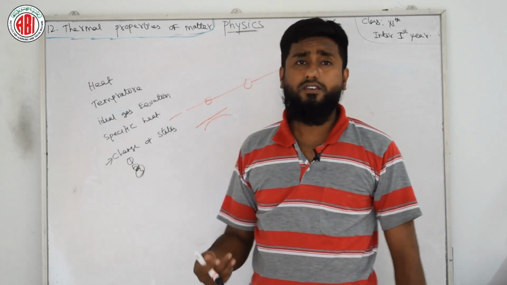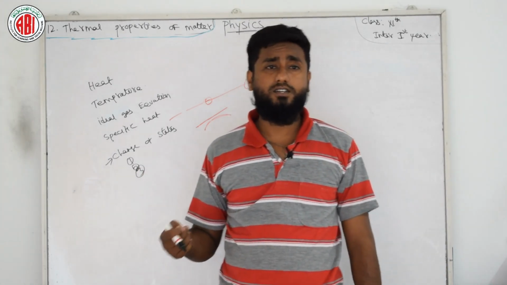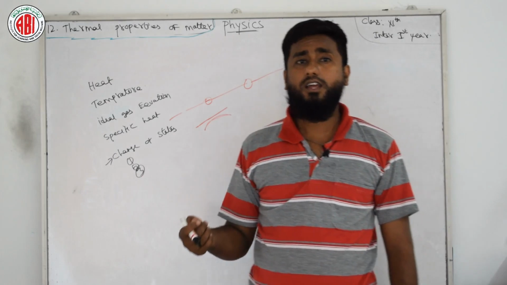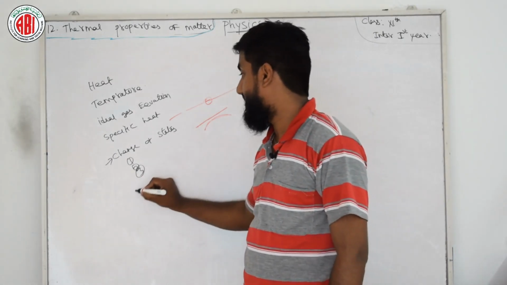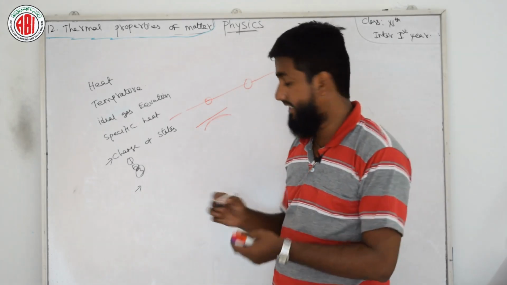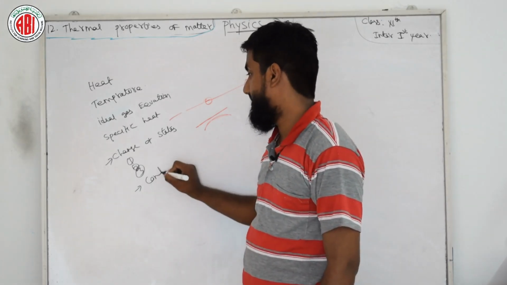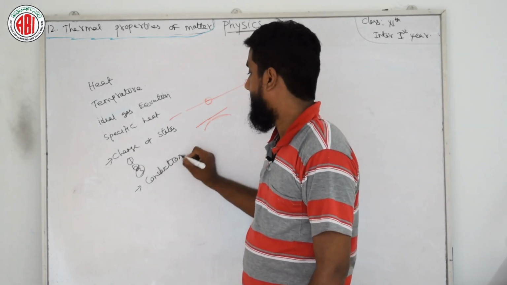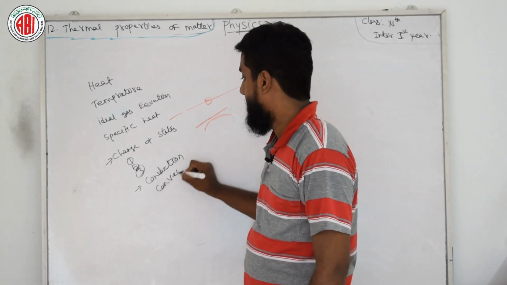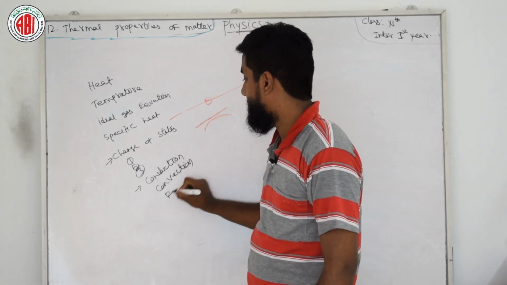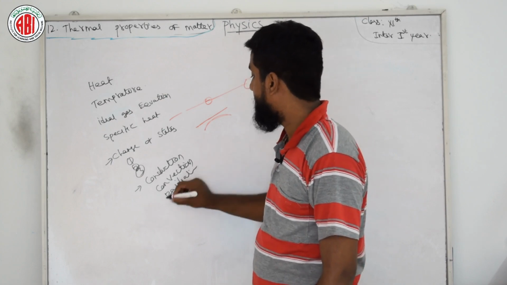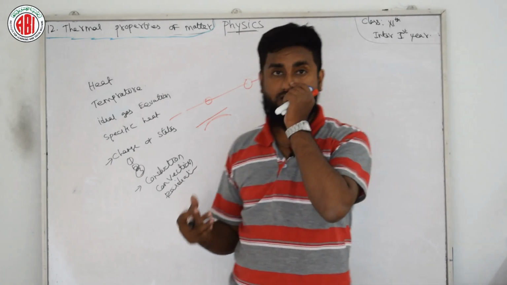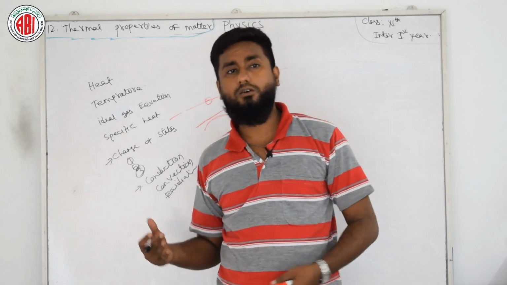After that, we came across the concept of transferring heat: how heat is transferred by 3 methods, conduction, convection and radiation. By these 3 methods, heat can be transferred from one object to another object.